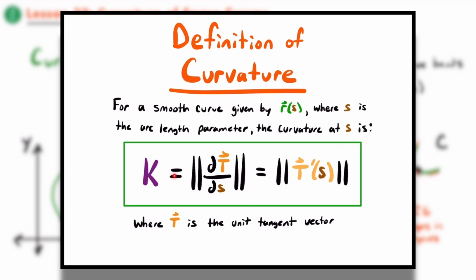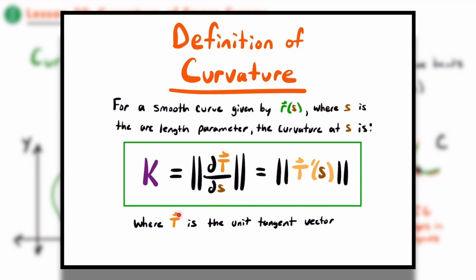The curvature k is equal to the magnitude of dT/ds, or the change in the tangent with respect to the change in the arc length. Another way that you could write that is the magnitude of the vector capital T prime of s, the derivative of the unit tangent vector in terms of the arc length parameter, right?